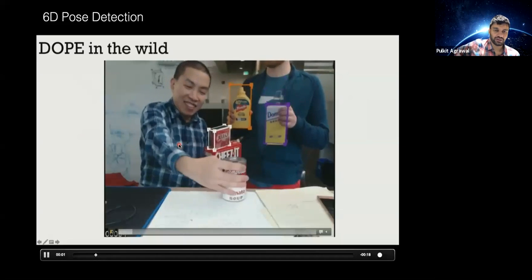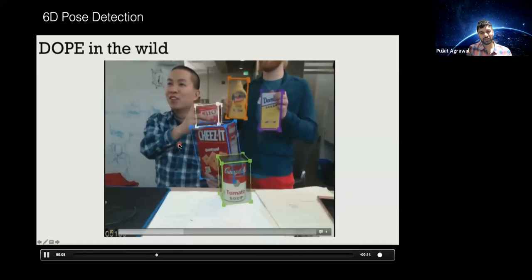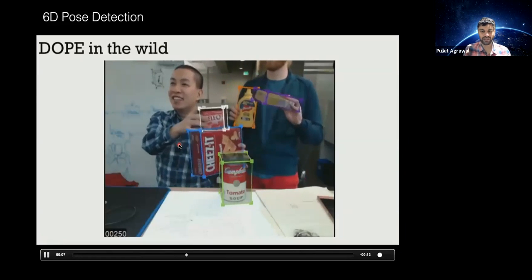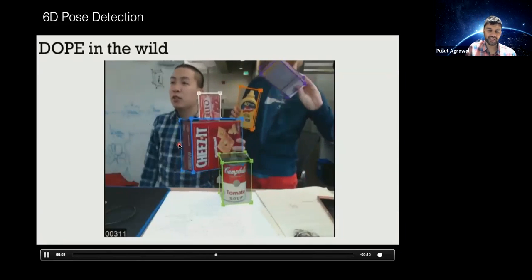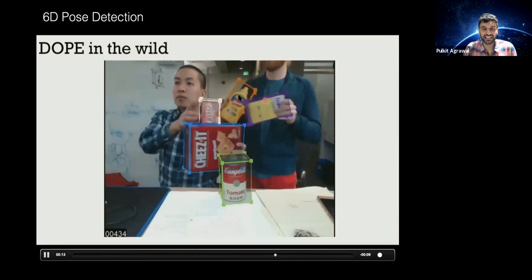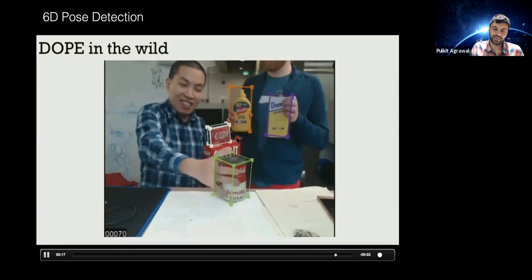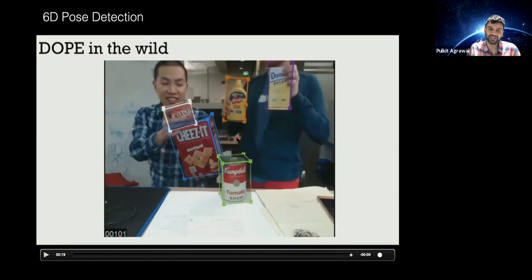So this is a video of a pose detection system which came out some time back. What they're trying to do is measure the orientation of these different objects. They're trying to measure the 6 degrees of freedom pose, which is 3 degrees for rotation and 3 degrees for translation.